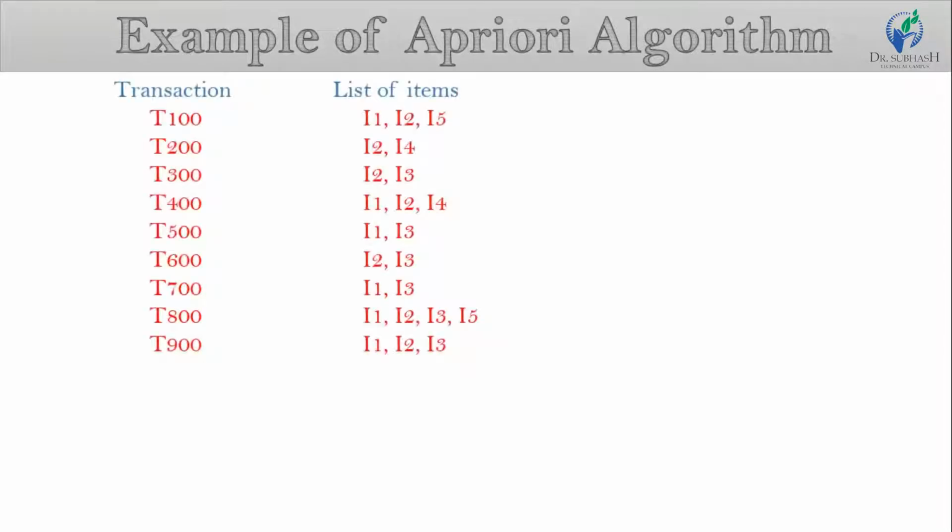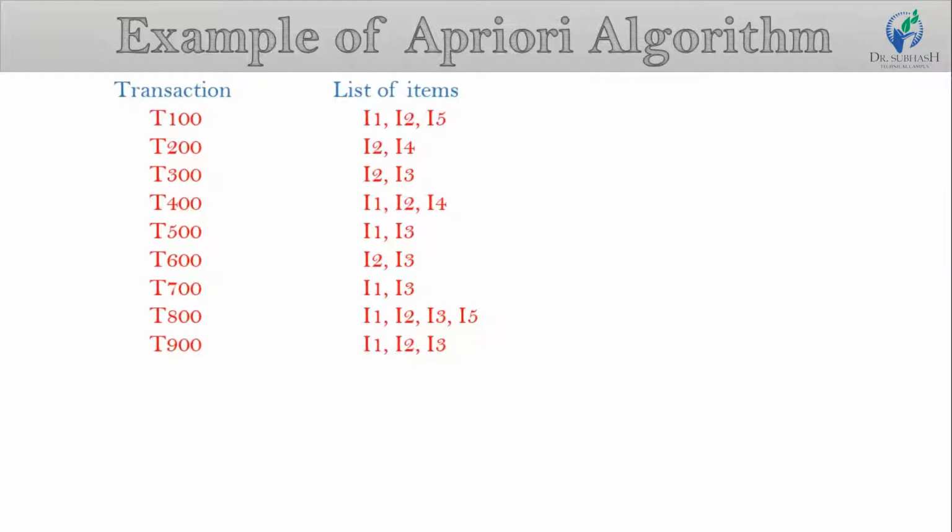Now I explain a numerical example of the Apriori algorithm. Seeing this table, we have 9 transactions, from T100 to T900, and a list of items. Transaction T100 includes items I1, I2, I5.